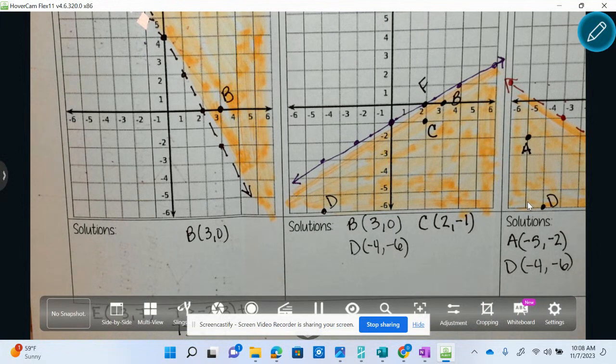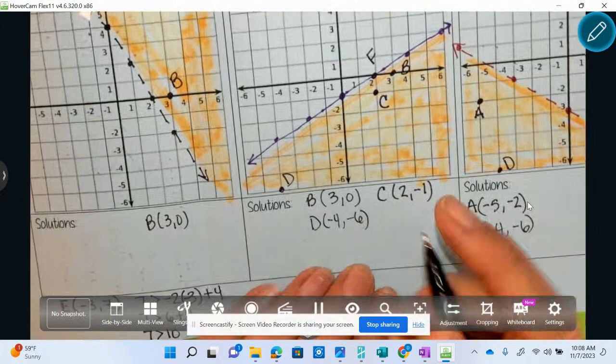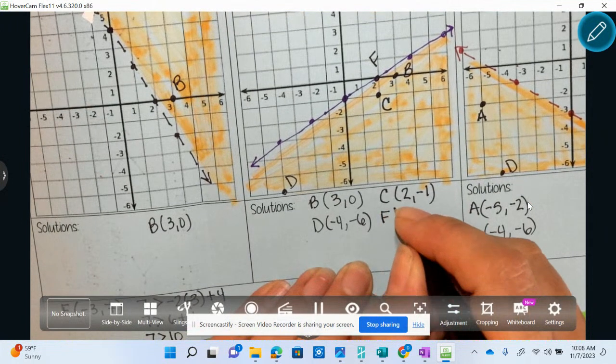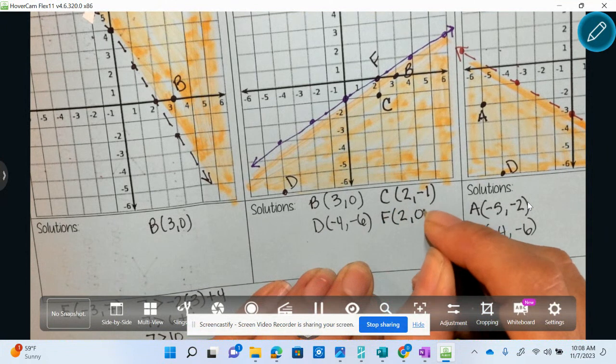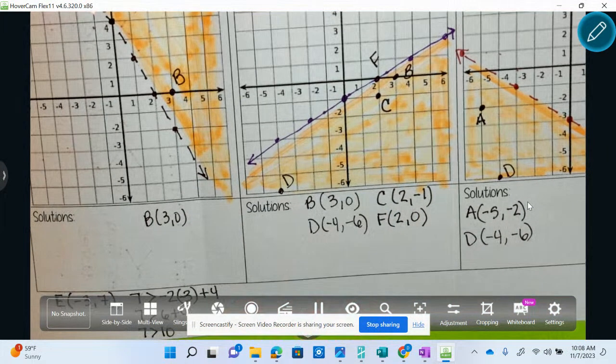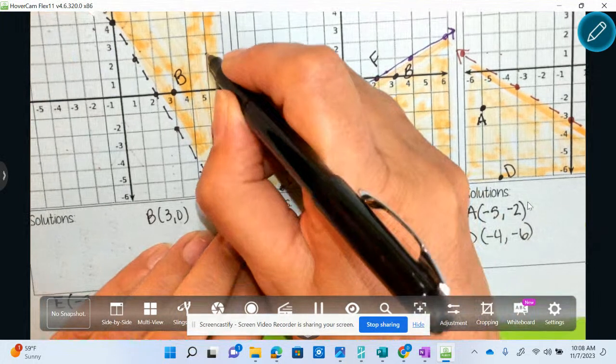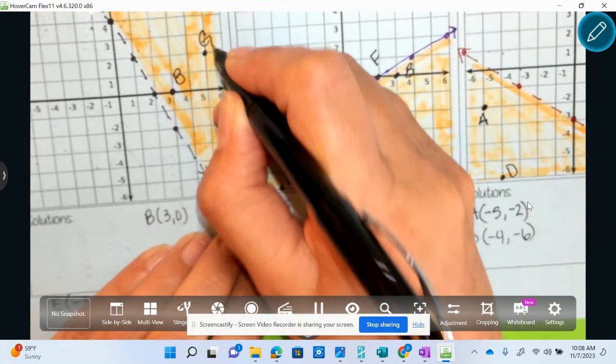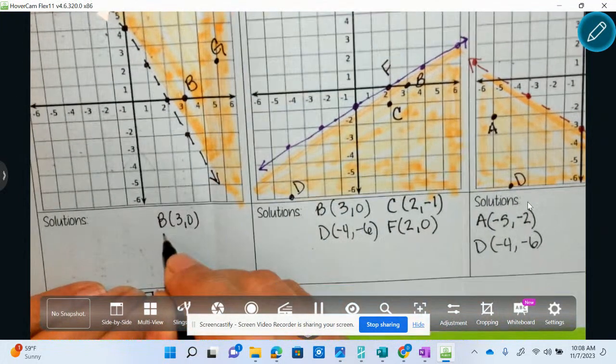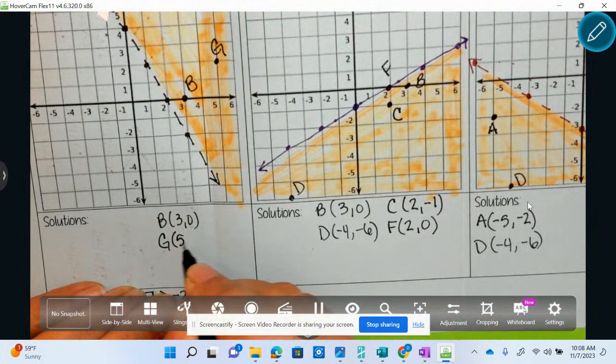So F only belongs in the second one because the boundary line in the first one is not included. What about point G, the ordered pair 5, 2? Yeah, 5, 2 only goes in the first one, point G. So point G, 5, 2.